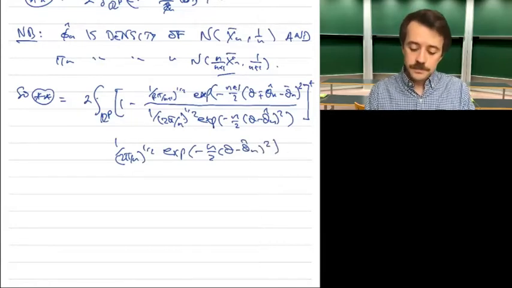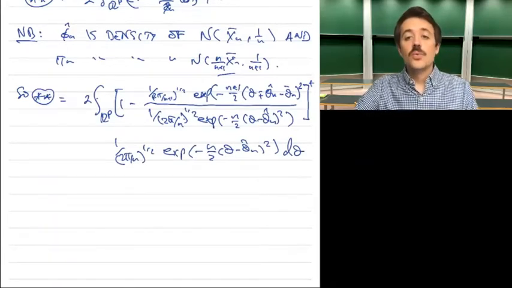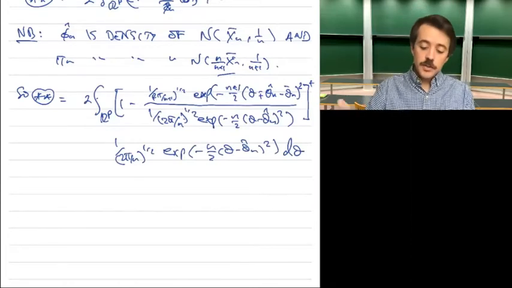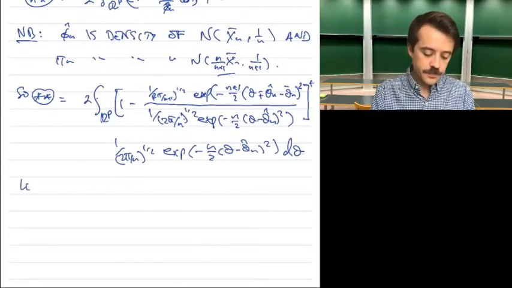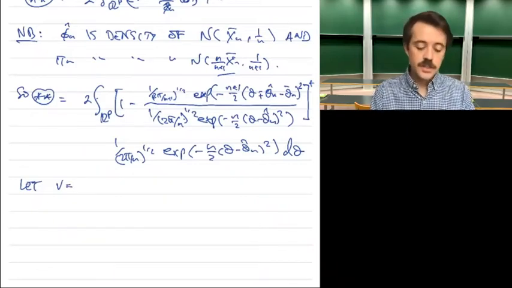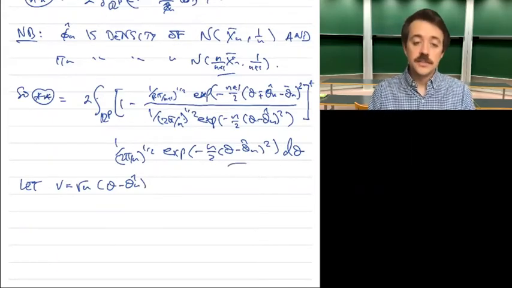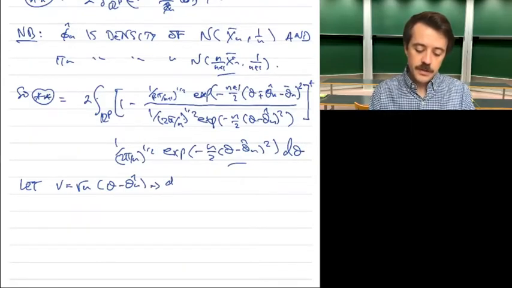Okay, so then given this, we can change variables. So let v be square root of n times theta minus theta n hat. So of course this means that dv with respect to theta is going to be no more than square root of n.